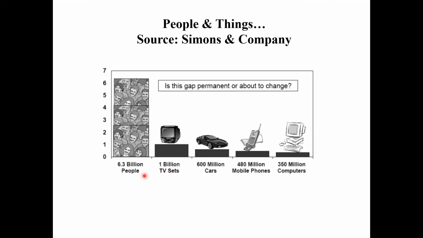Every person will want to have a cell phone, a laptop, and the number of cars and TV sets and so on will be much more than what it is now. So from the demand point of view, not just the supply point of view, there's going to be tremendous need for energy.